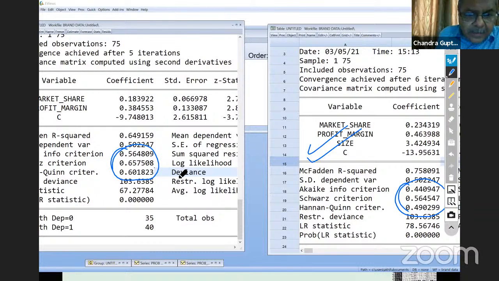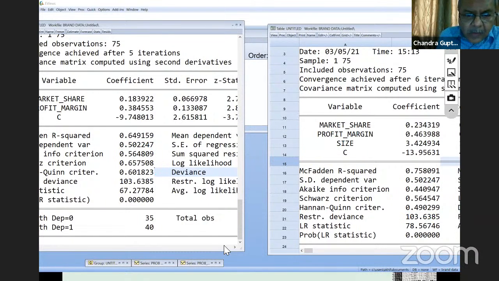Prateek ji, what is ML? I don't understand. What is it that you are referring to as ML? AIC I understand.